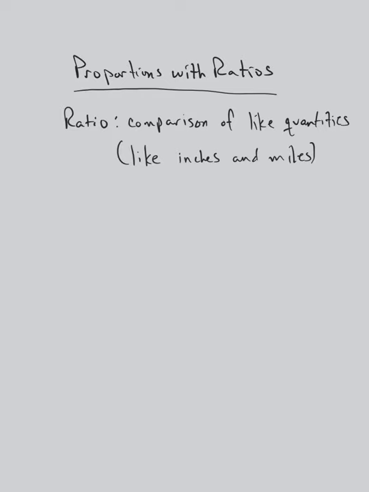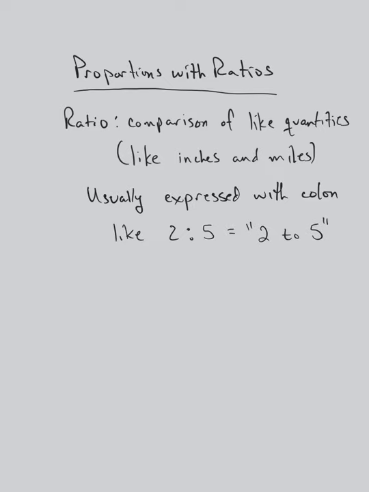They're just different units. Now, they're usually expressed with a colon. Not always though, because there's another way to express them. You might see something like 2 colon 5, and the way that reads is 2 to 5. Now, this is kind of hard to follow probably right now, because there's usually some units attached to it.